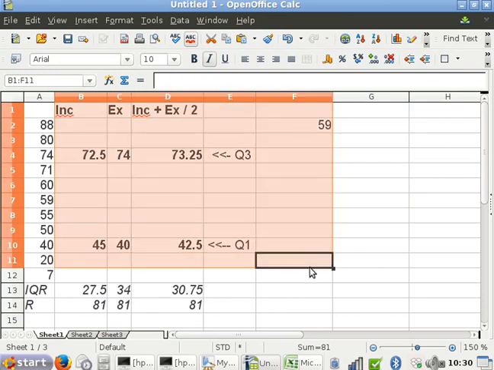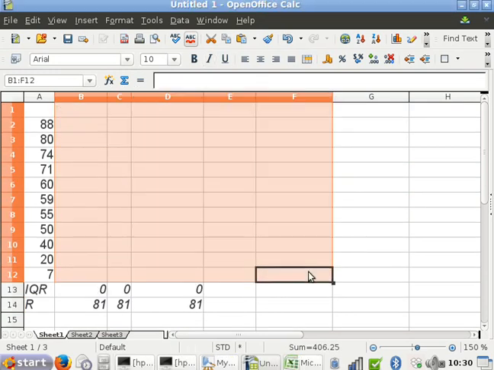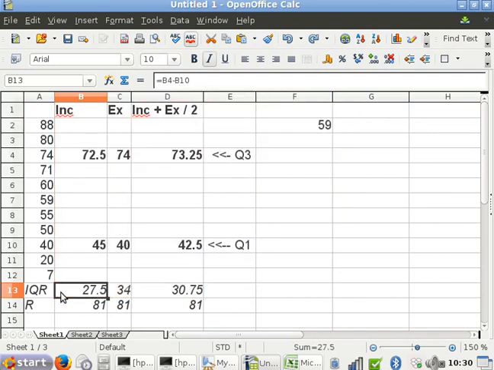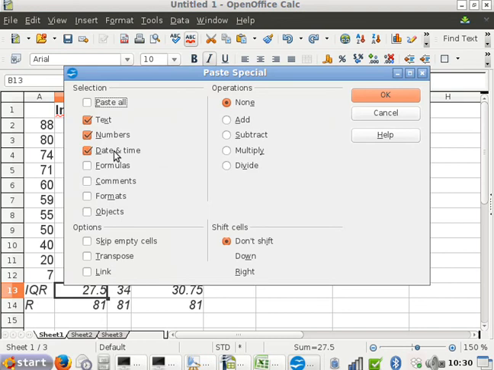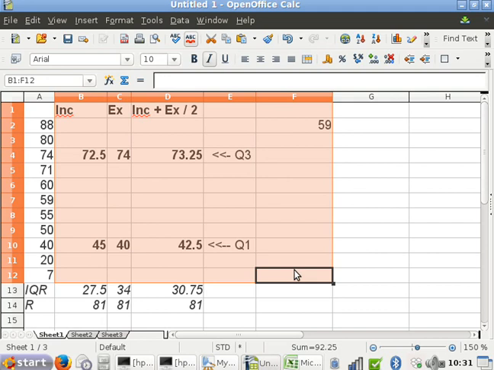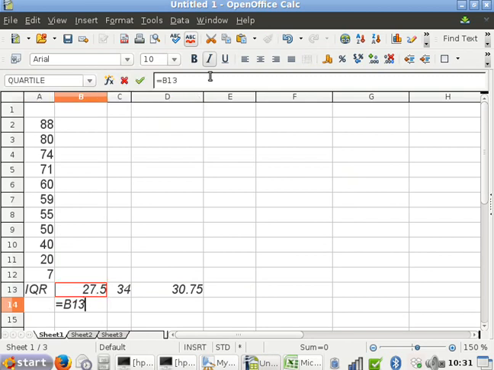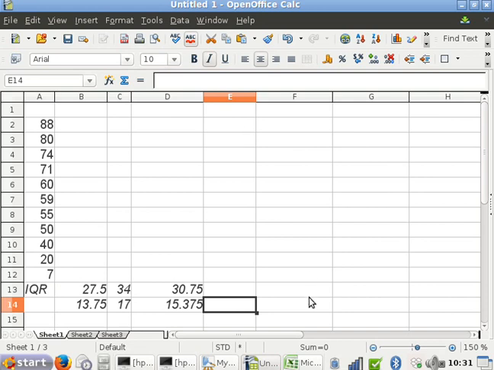Let's just see what we get here. No, I want to keep these numbers. So if I take my interquartile range and divide it by 2, my 3 different methods have given me 3 different estimations of the standard deviation.